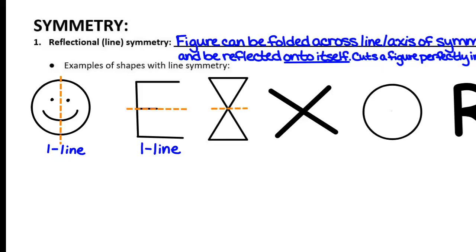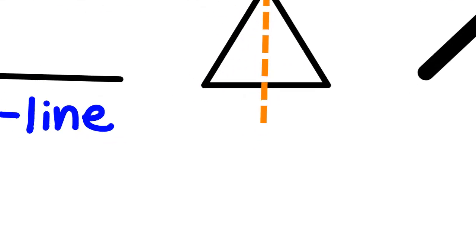I can go horizontally like this, cutting it into a big triangle on top and a big triangle on bottom, where if I fold the top down, it matches up with the bottom perfectly. Or we can cut this vertically, absolutely. That would cut it into 4 little right triangles that if I folded the left on top of the right, those would match up perfect. We would say this has 2 line symmetry.